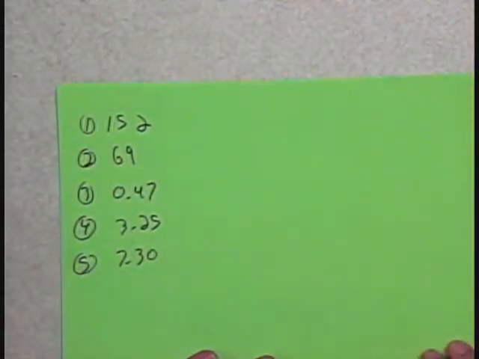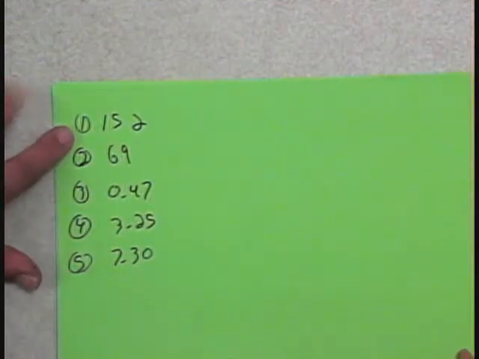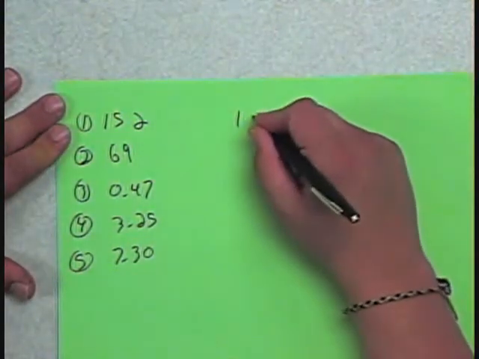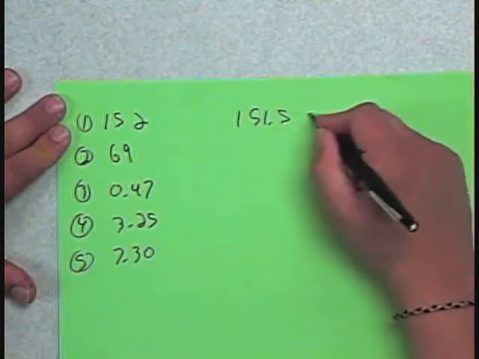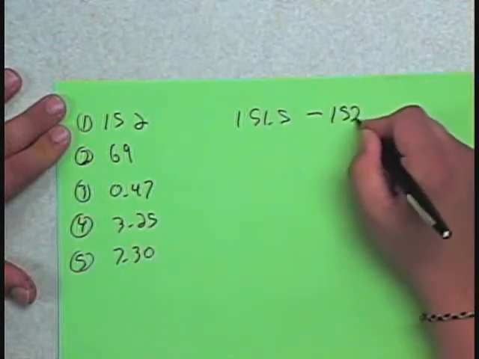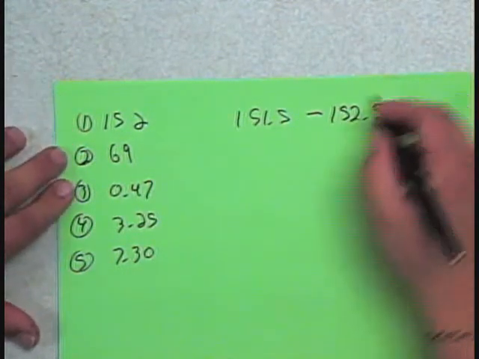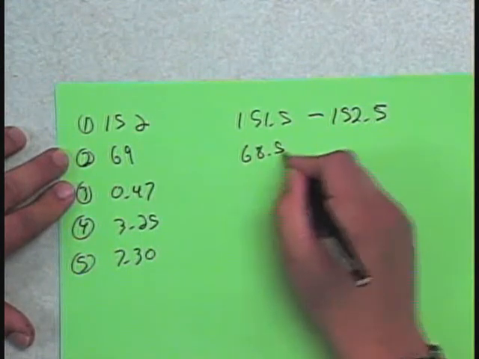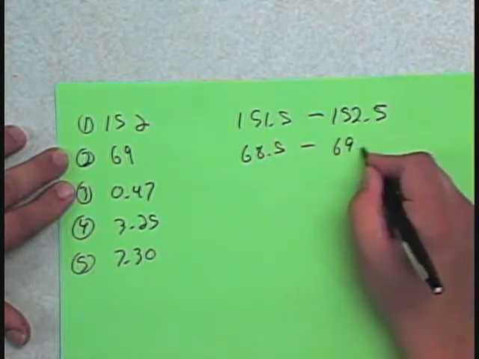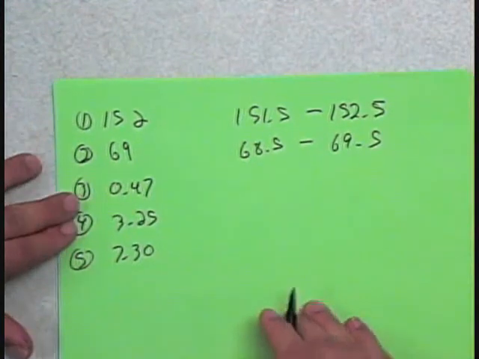Okay, and these are really important when you're using continuous variables. So 152, this would just be 151.5 all the way up to, but not including 152.5. So this would just be 68.5 all the way up to, but not including 69.5.